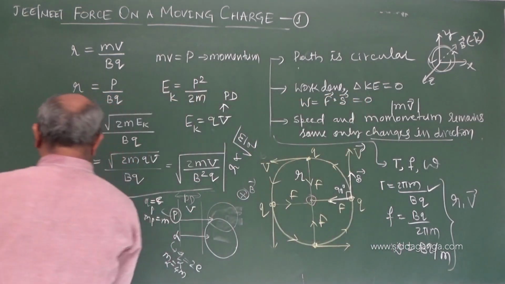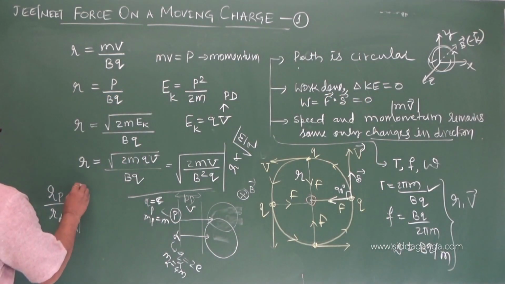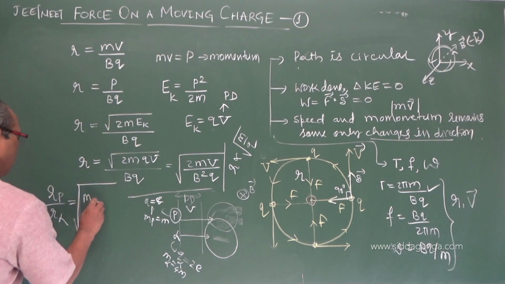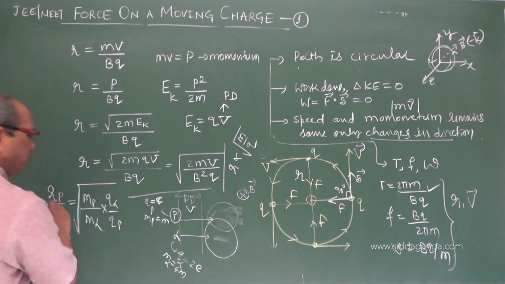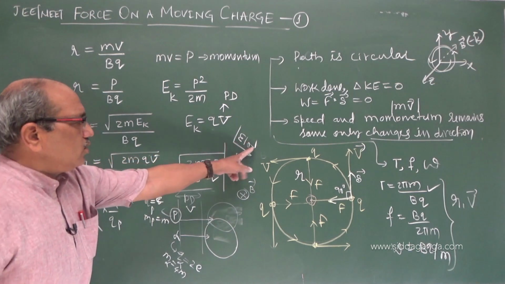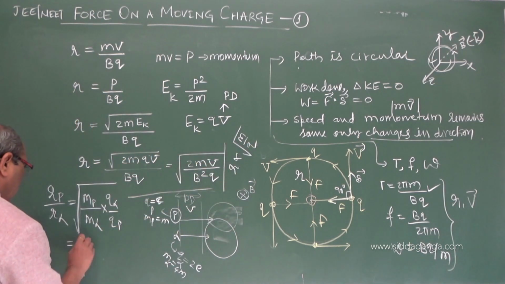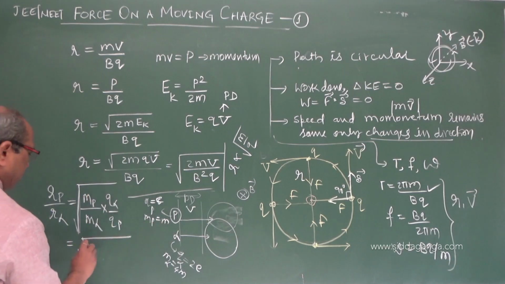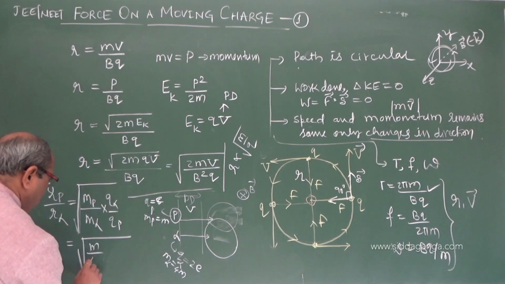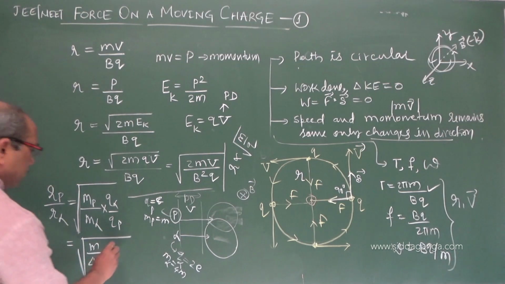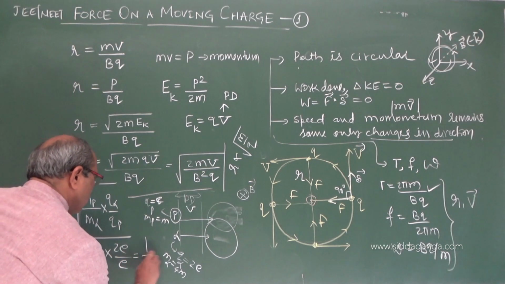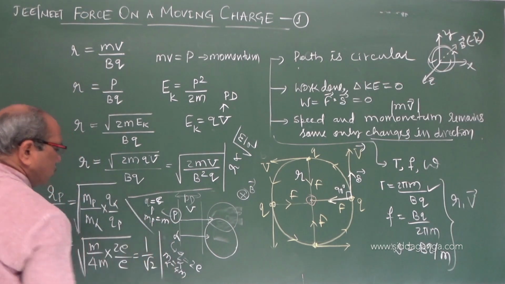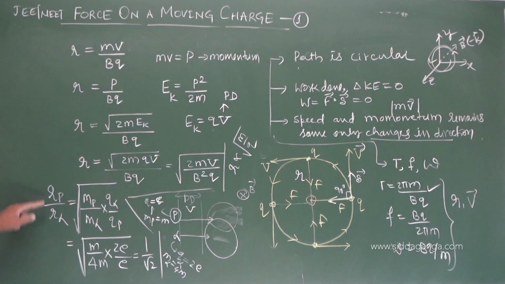So I can write this as root of mp by m alpha into charge of alpha by charge of proton. m is direct and q inverse. When I take the mass of the proton as m, the mass of alpha is 4 times m. The charge of alpha is 2e, and this is e. When you cancel, you get 1 by root 2. So the answer: Rp by R alpha is 1 by root 2.